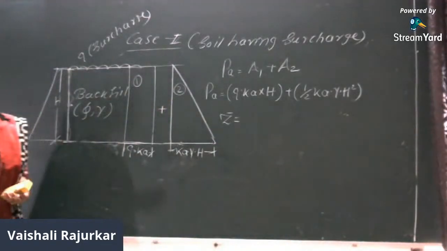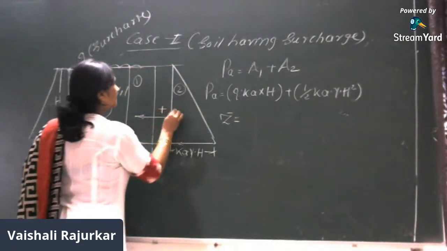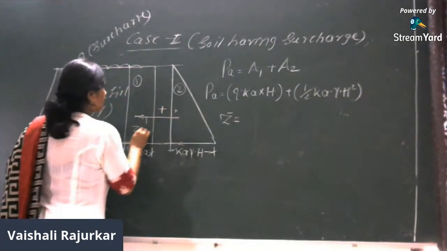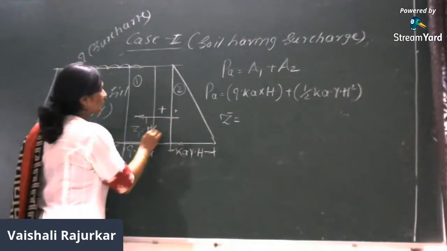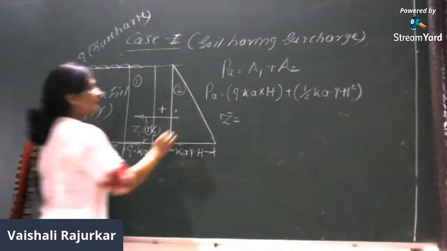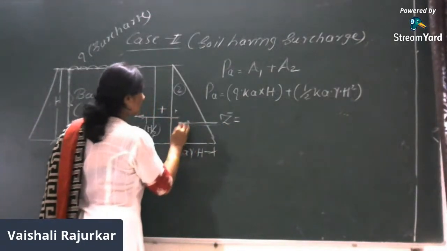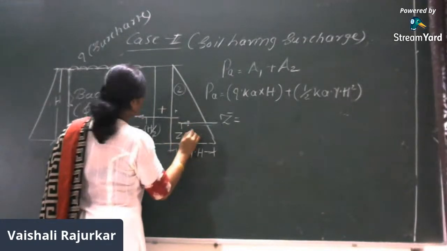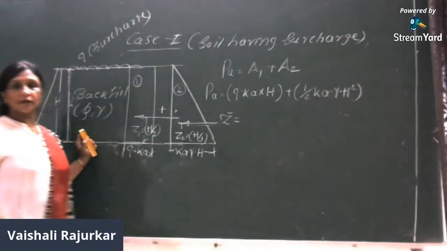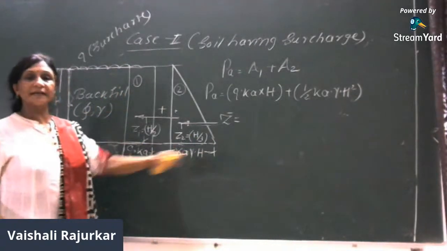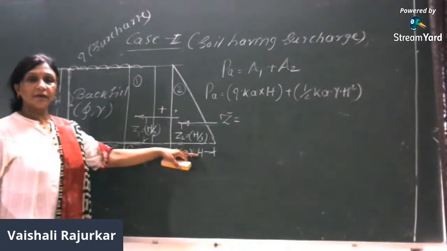We will calculate Z1, the CG of the rectangle. It will be at H by 2 distance from the bottom, and here we assume Z2, which is H by 3 distance from the bottom. H by 2 here, H by 3 over here.